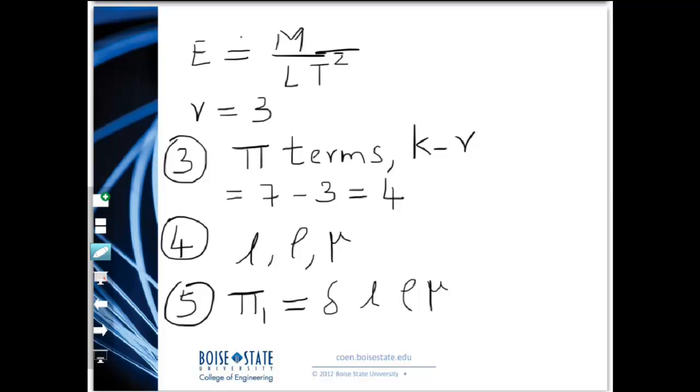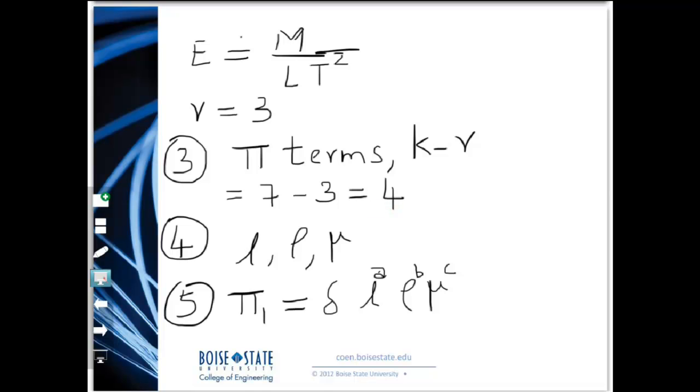At this point, I need to assign some powers to the repeating variables, let's say A, B, and C for L, rho, and mu. This is what we're going to do for the rest of the problem, whereas the parameters will keep changing until we get the 4 pi groups which we need in the problem.